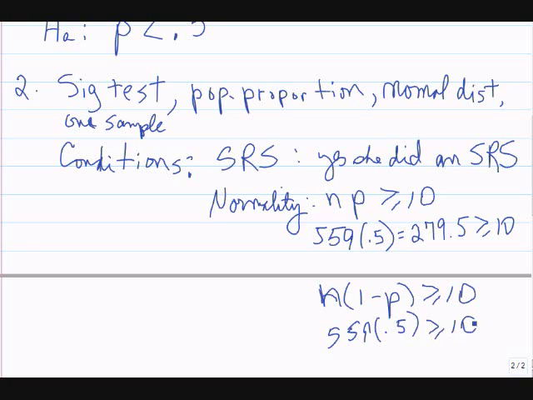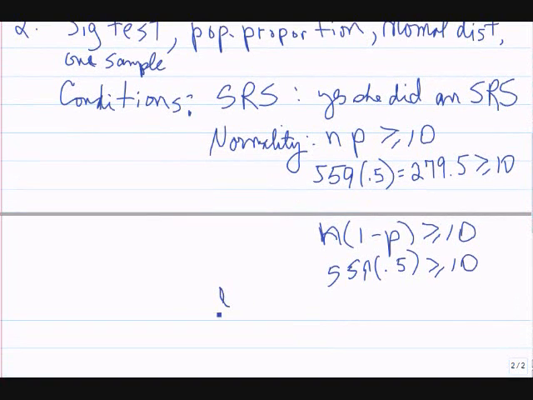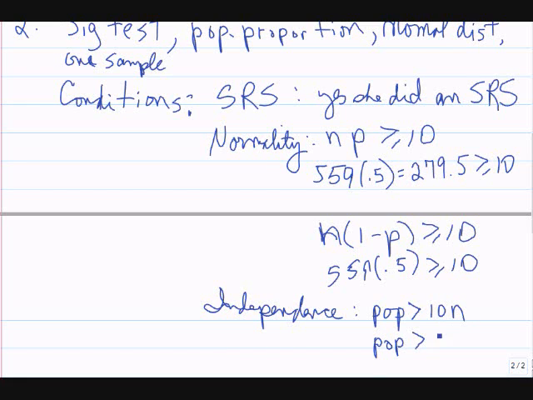So we're okay with the normality check. And with the independence check, we need to make sure that the population is greater than 10 times the sample size. So the population that we sampled out of needs to be greater than 5,590. Okay, there are my conditions.